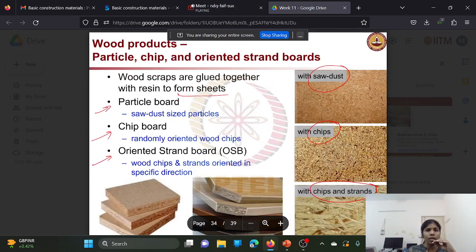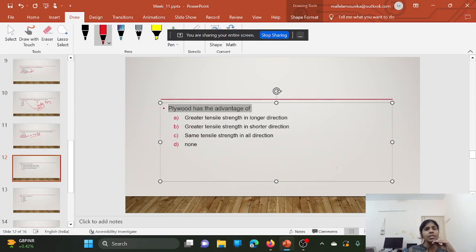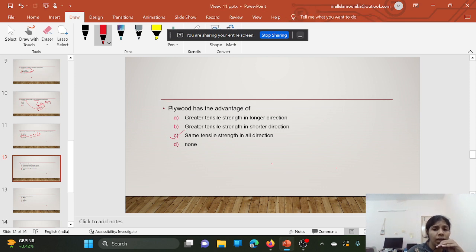Okay, so see, plywood has the advantage of having the same tensile strength in all directions, because it will have layer 1, layer 2, layer 3.